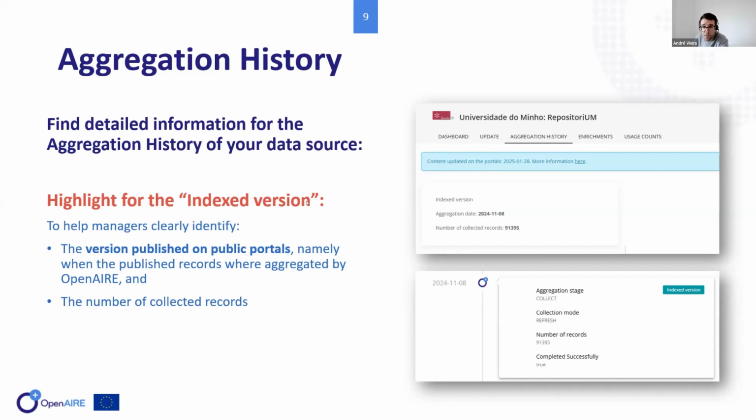Okay, and we can also see what the indexed version is by looking at this label in the history of the aggregation. I will also show our example in the dashboard.